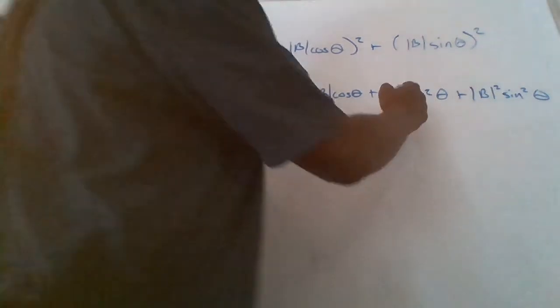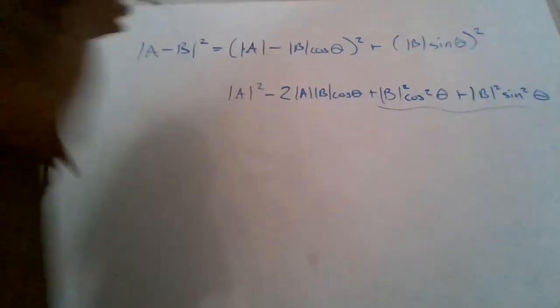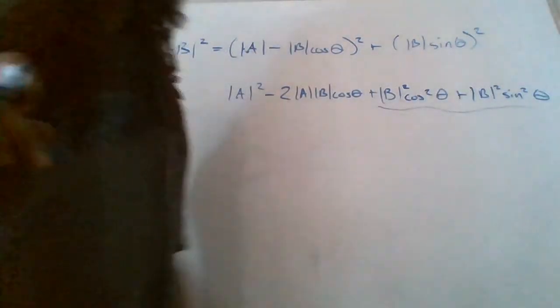Now this term is important, that's why I got a little excited. Because as you see, we have our first trig identity. You know, these come from Moivre's theorem. But anyway, cosine squared plus sine squared is equal to 1.